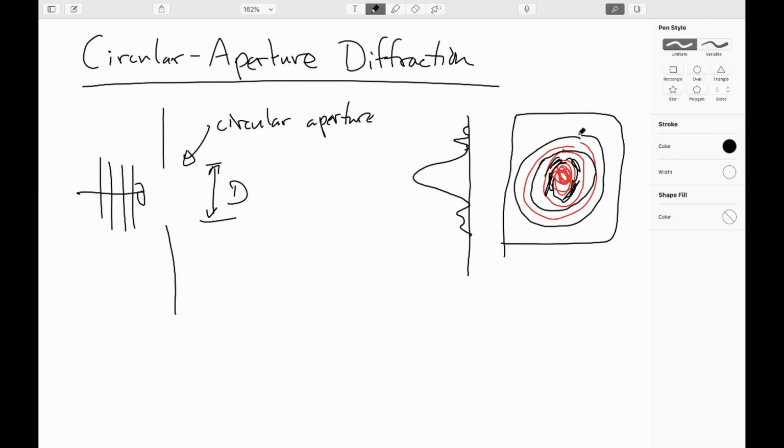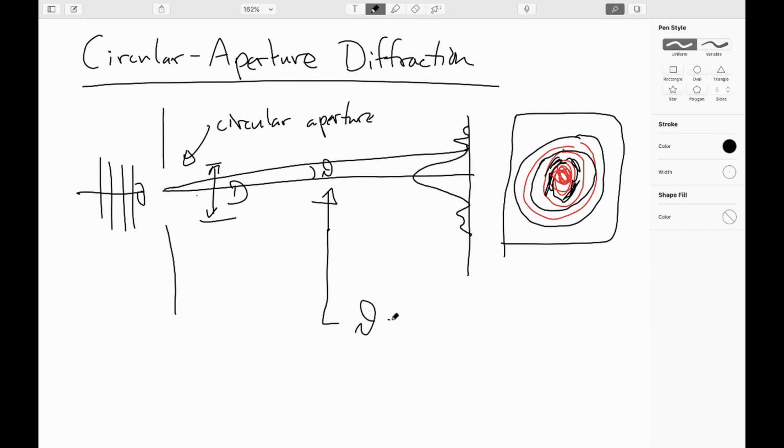And locating where each of these minima are is beyond the scope of this treatment. But to locate the first one, I will just assert that using a similar analysis, but unfortunately invoking a lot more calculus, this angle here, assuming it's small, and it almost always is, will be equal to 1.22 lambda over d.